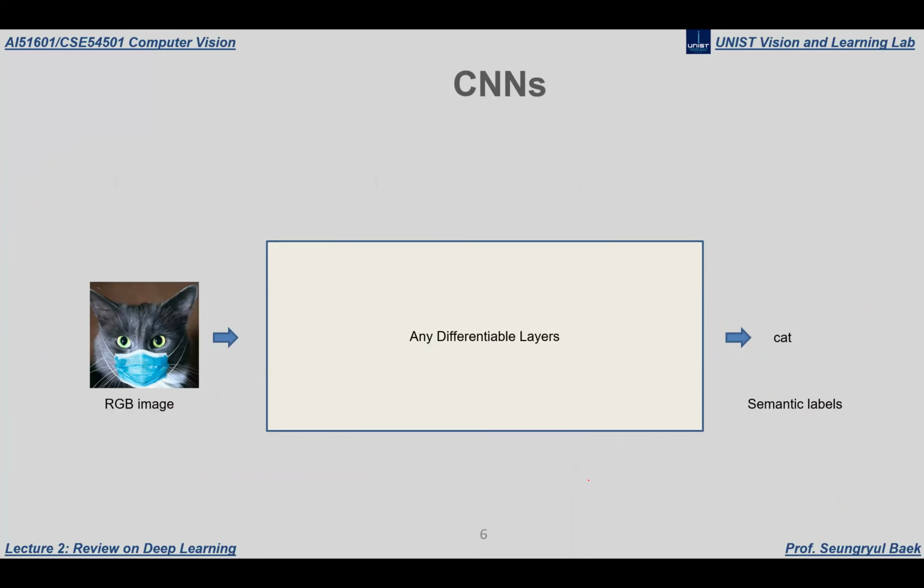And I will now briefly introduce the CNN architectures. CNNs are an abbreviation for convolutional neural network. Okay.